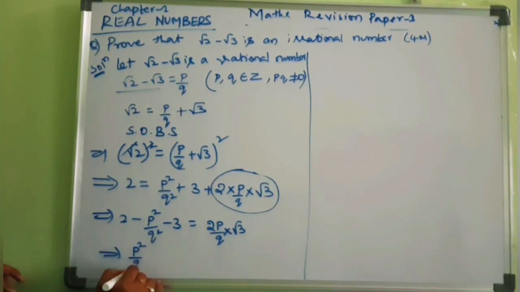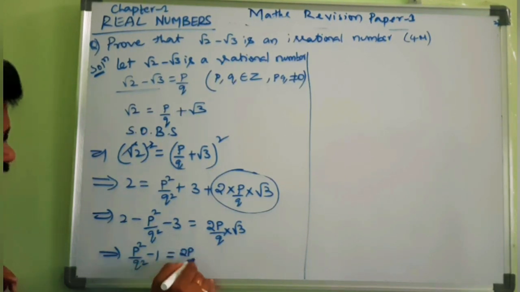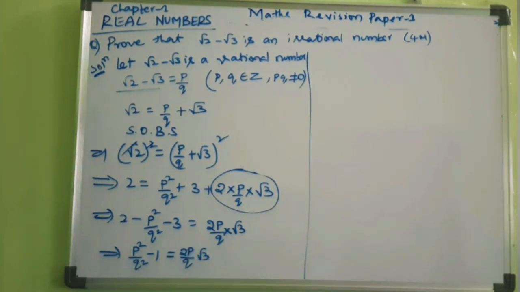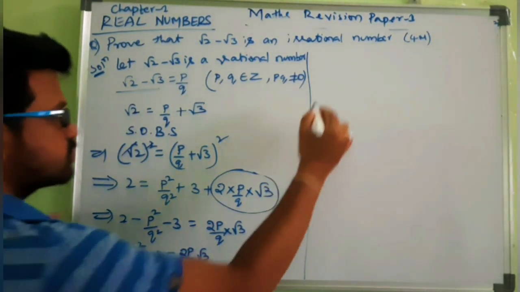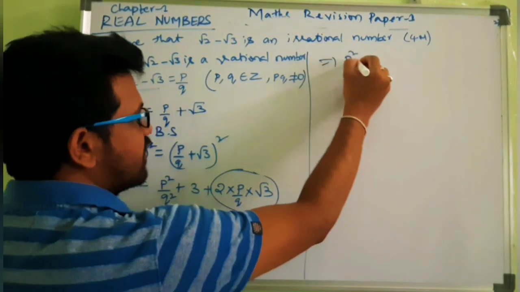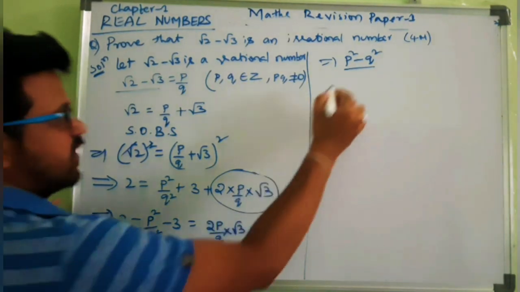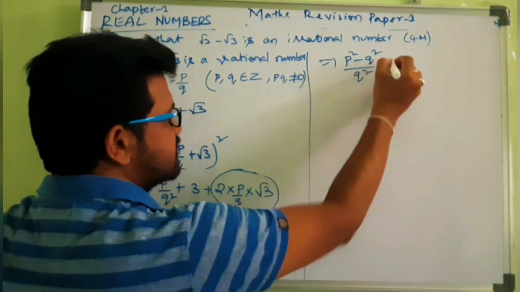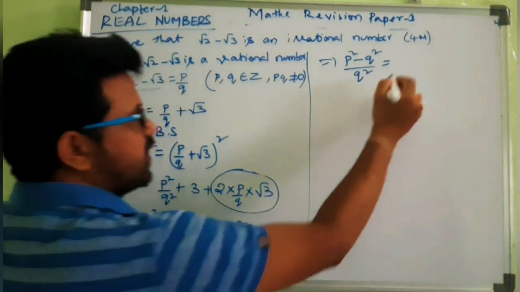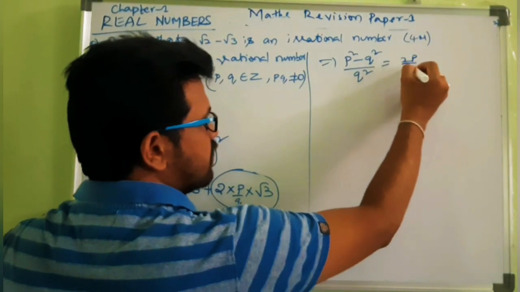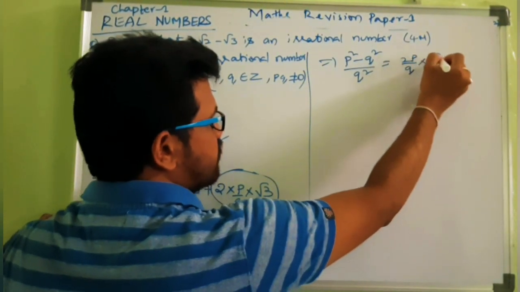So P square by Q square minus 1 is equal to 2P by Q into root 3. Now taking the LCM, P square minus Q square divided by Q square is equal to 2P by Q into root 3.